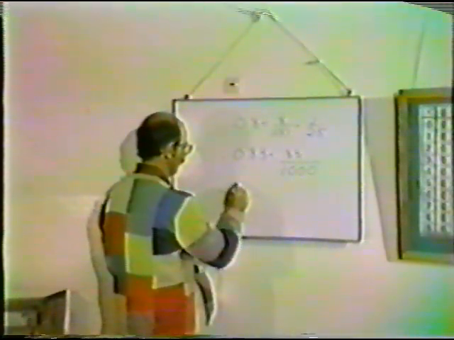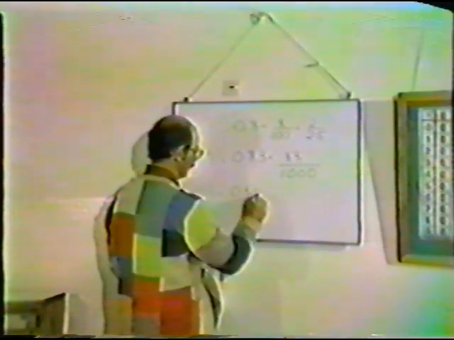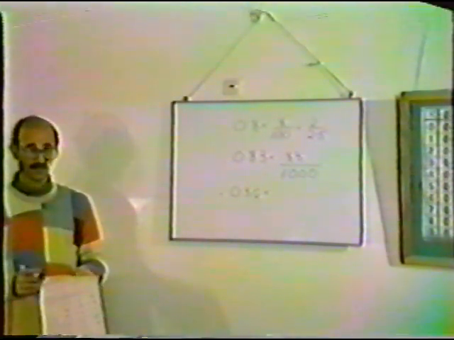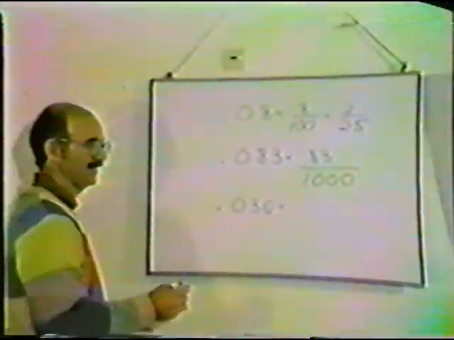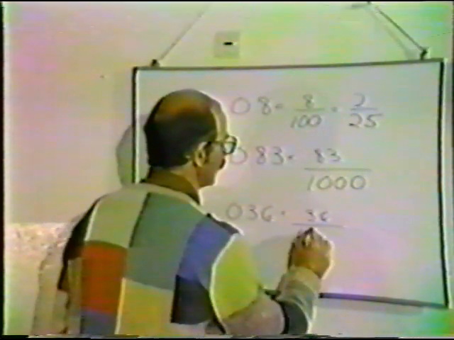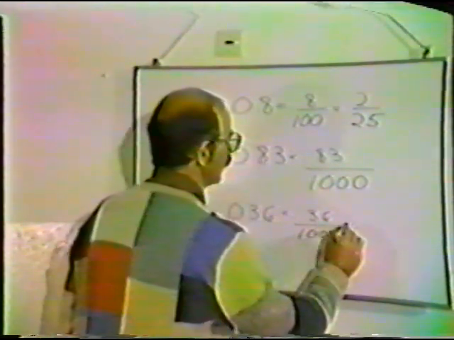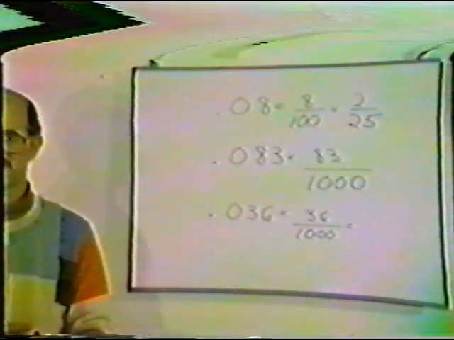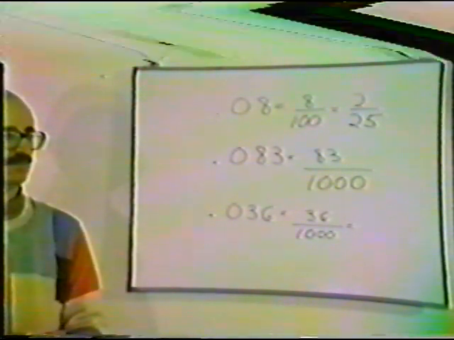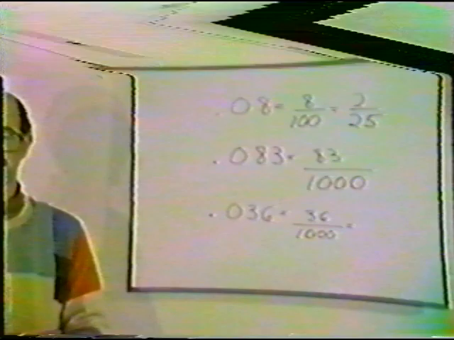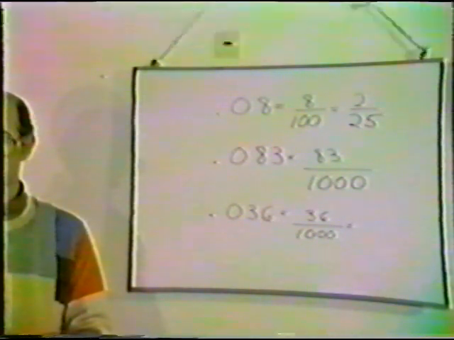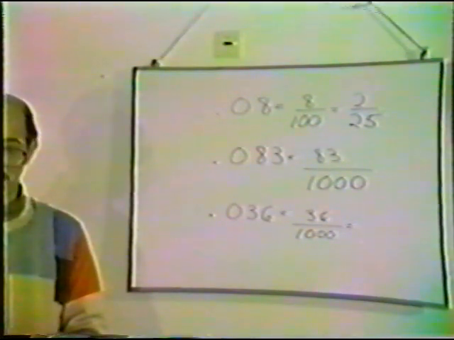Point 036. Read that. 36 thousandths. 36 thousandths. Can that be reduced? Yes. What would you like to hit it with? 6. 2. Some say 6, some say 2, some say, I think I heard 4.